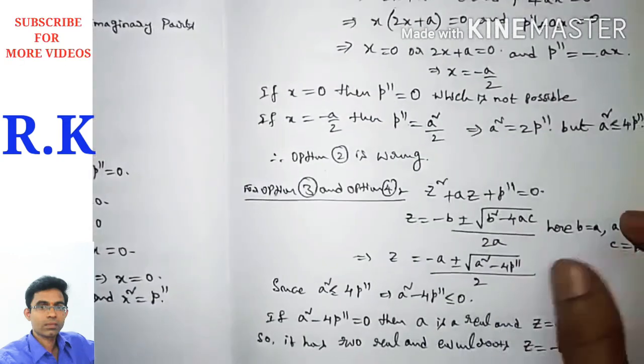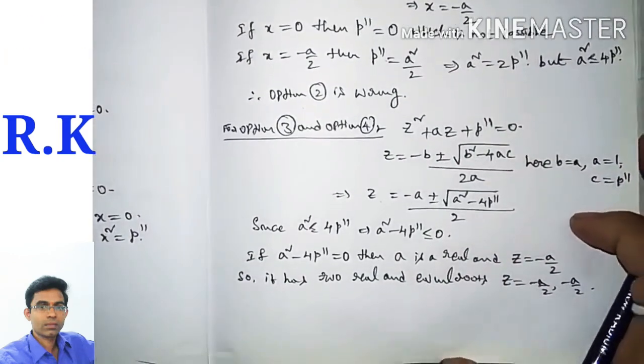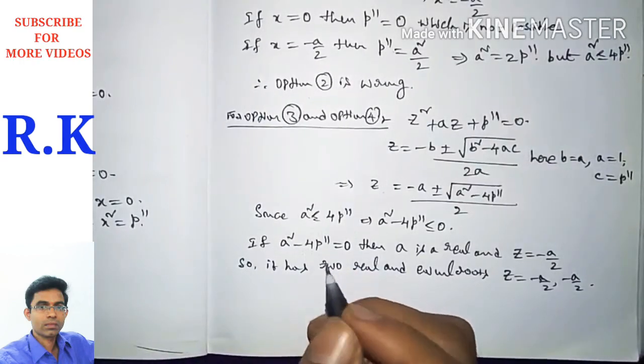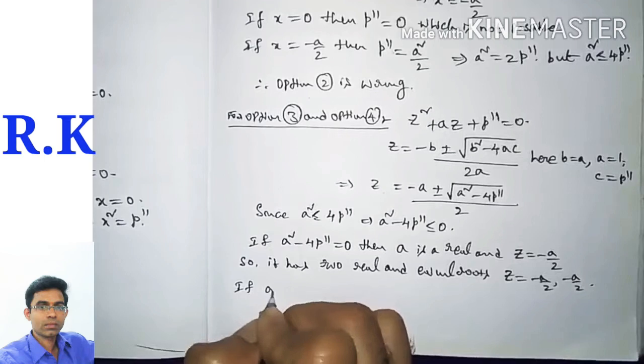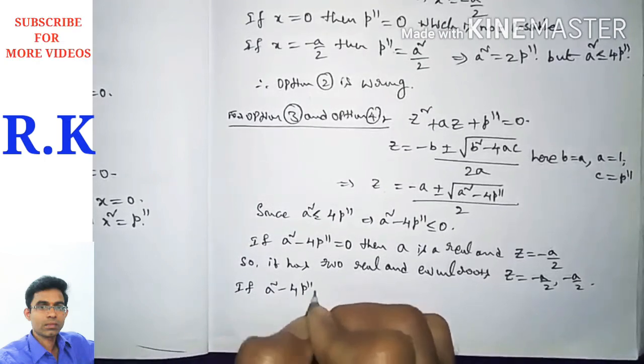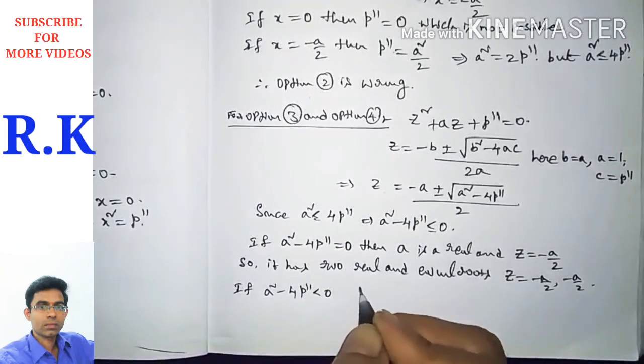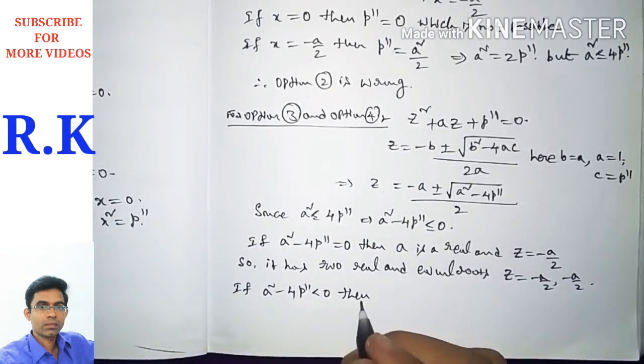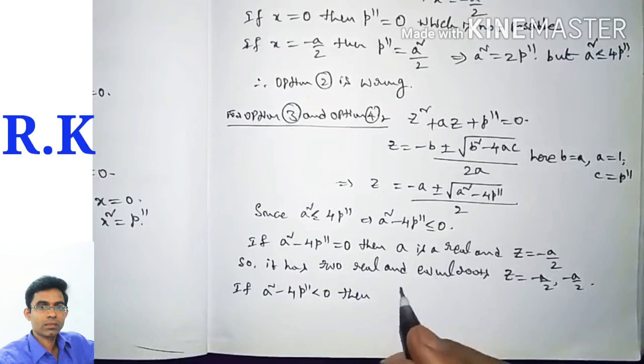So let us see. Here another possibility is a² - 4p^11 is strictly less than 0. If a² - 4p^11 is less than 0, then when the discriminant is less than 0, we have distinct roots.